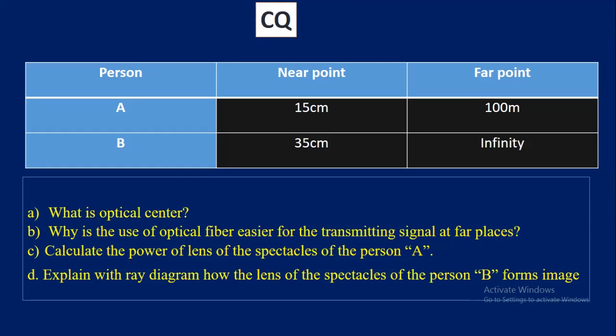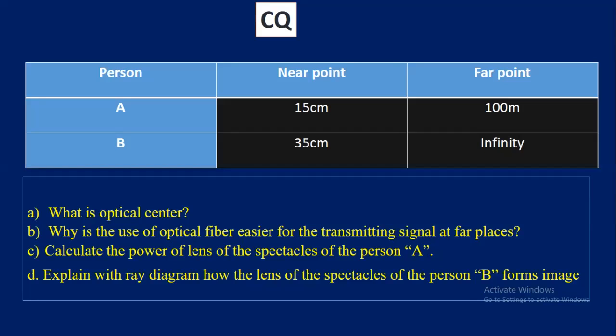And third question is, calculate the power of the lens of the spectacle of person A. We know for the power of the lens, we use the equation P equals 1 by F, and by using this equation P equals 1 by F, we can find the power of the lens of the spectacle of person A. And last question is, explain with ray diagram how the lens of the spectacle of person B forms image.